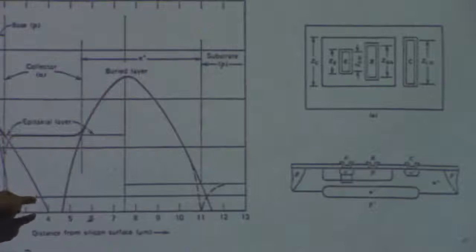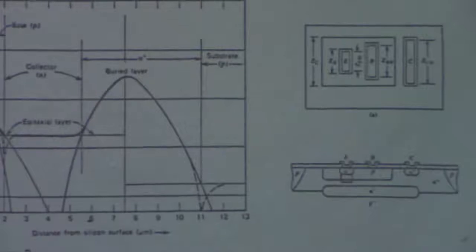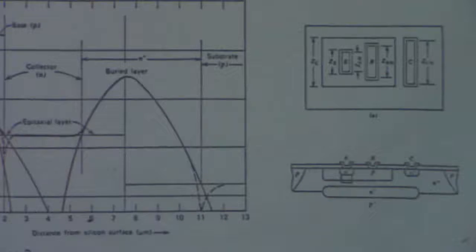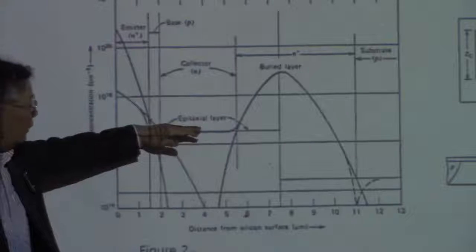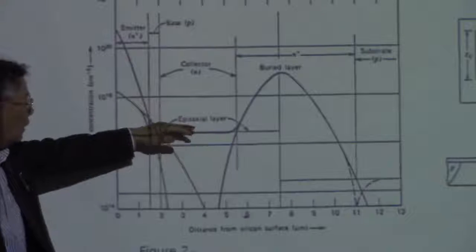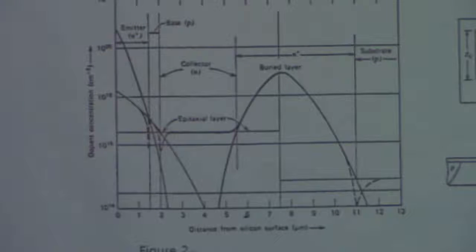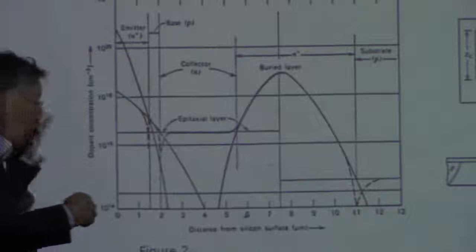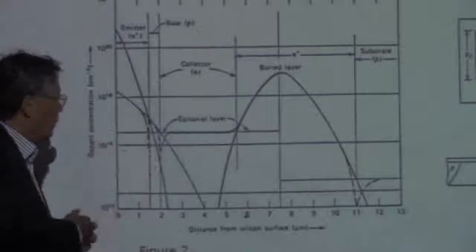It looks almost symmetrical, isn't it? And then in this epitaxial layer, you're going to have collector dopant, and this collector dopant is going to be put into the epi layer during the epitaxial growth.